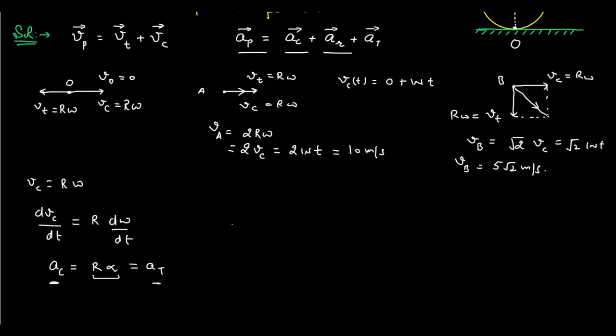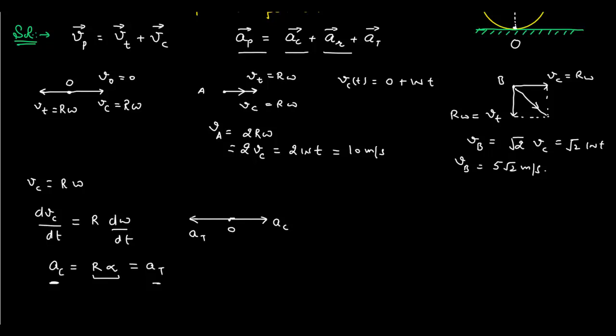Clear? So at point O, the sum of these 3 accelerations: the acceleration of the center of mass is in this direction, this is point O, and the direction of tangential acceleration is this, and these 2 accelerations are equal, as we have calculated here, so this will cancel out.